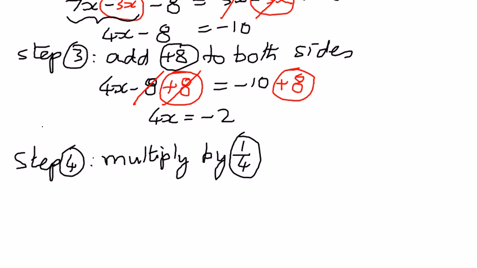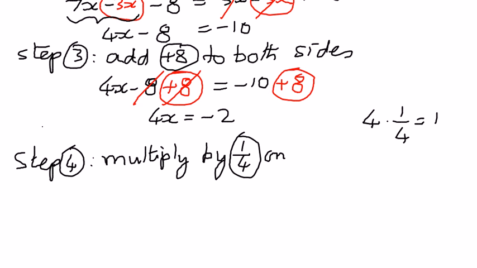And the way we know it is as follows. If we have a number 4, the reciprocal of 4 is 1 over 4. If we multiply a number by its reciprocal, the product is always going to be equal to 1. We know that. Therefore, when we multiply by 1 over 4, the value on the left hand side will be equal to 1x or just x.